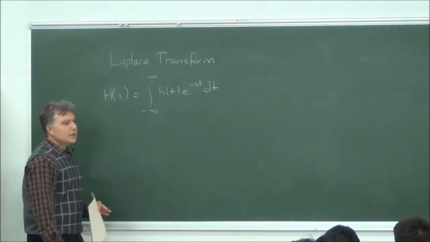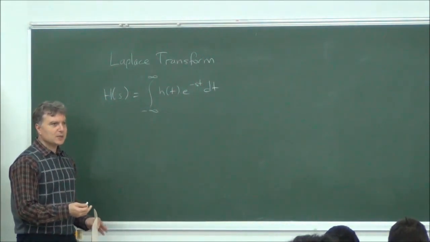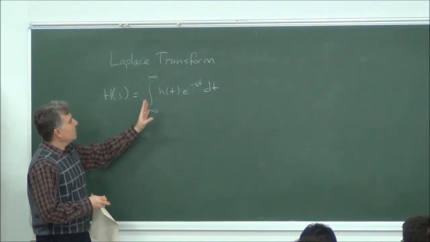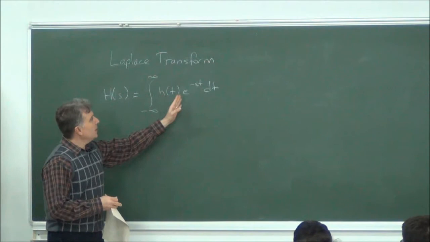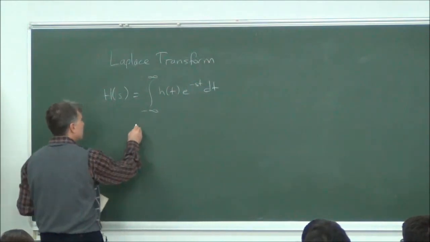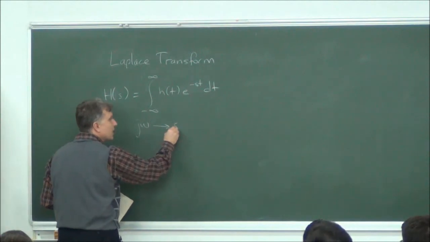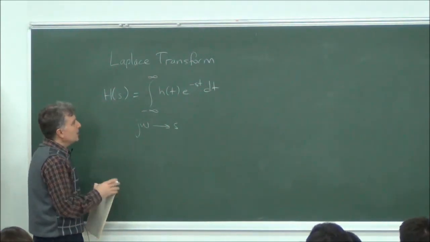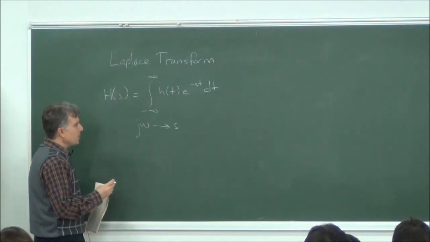It truly resembles the Fourier transform. What was the Fourier transform? It was H(jω) equal to the integral from minus infinity to infinity of h(t) e^(-jωt) dt. So what's the substitution here? The substitution is from jω to s. If you call it this way, what you get will be the Laplace transform.